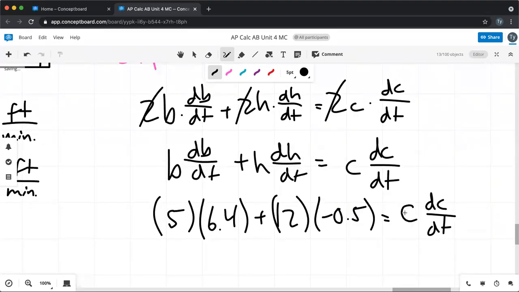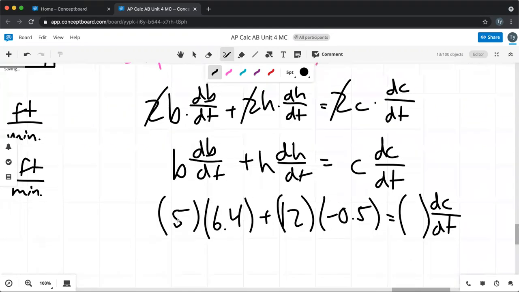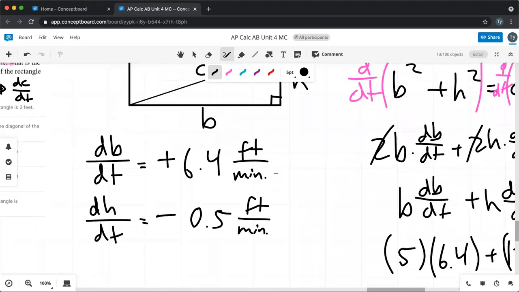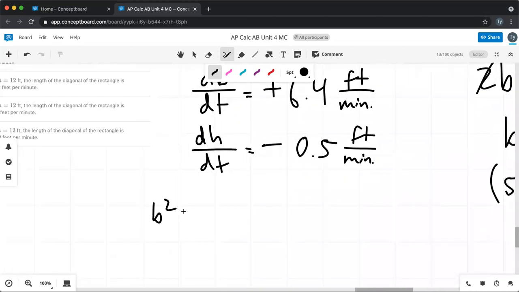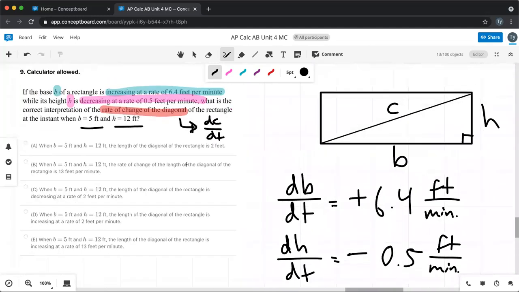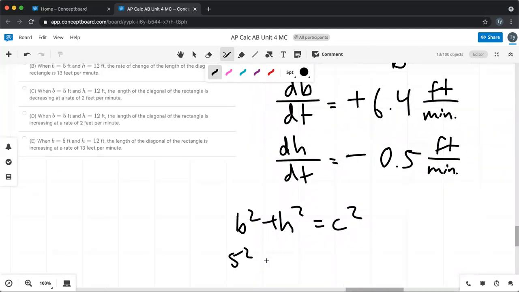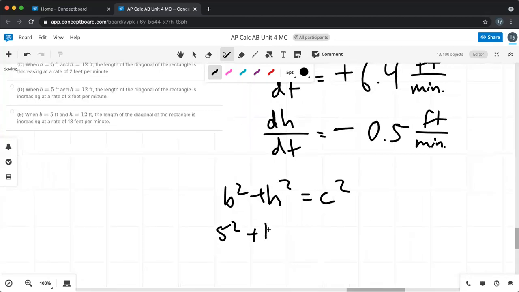But we don't know C, so we need to actually find C at this instant. So what is C? When H is 12 and B is 5, we can use the Pythagorean theorem. Our Pythagorean theorem with respect to our variables was B squared plus H squared equals C squared. Our B was 5. Our H was 12.